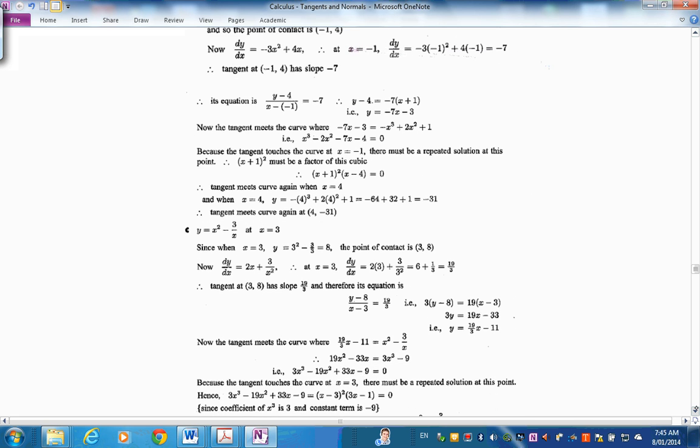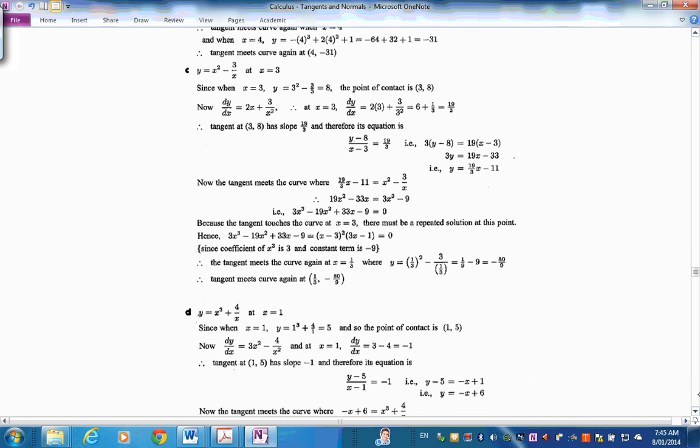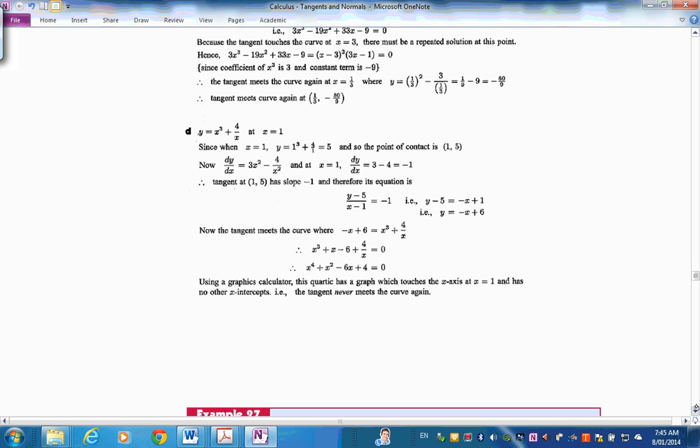Let's look at C. There's C. A bit nasty fractions there. Look at D. And I do make a mistake.